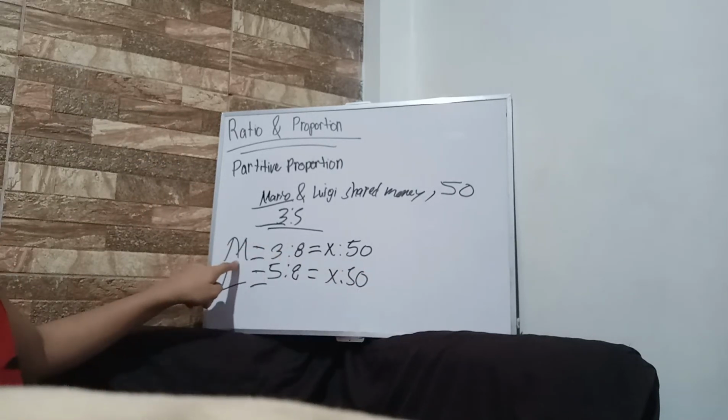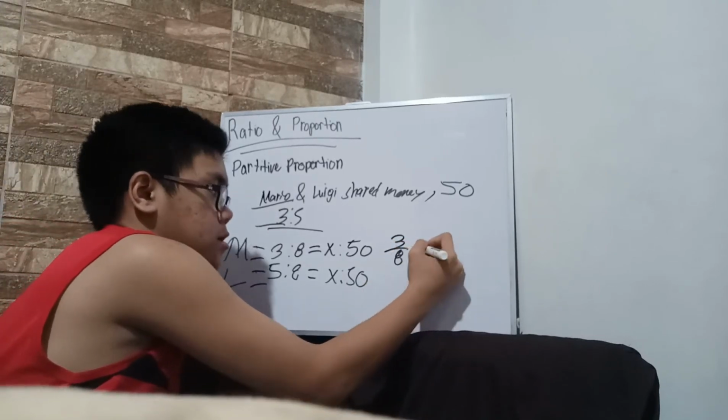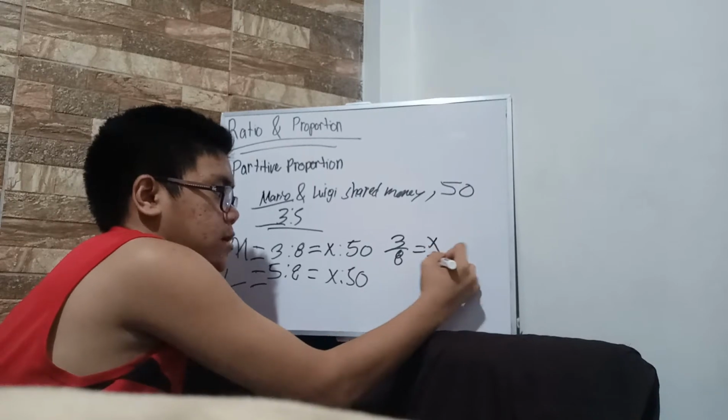So we will solve it. Mario: 3:8 is equal to x is to 50.